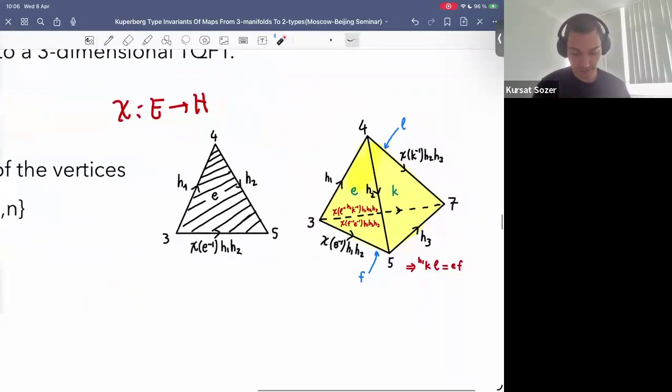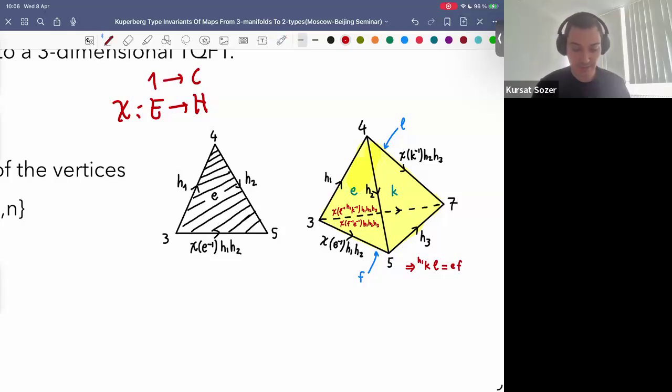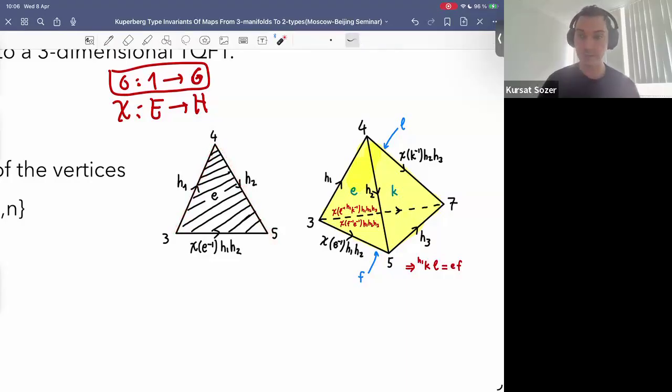So what is the chi coloring? In the Dijkgraaf-Witten case, remember, we label the edges of triangles by elements of G in a way compatible with the order, right? That's what I explained at the beginning. So this should be compatible with that, but a more general version.